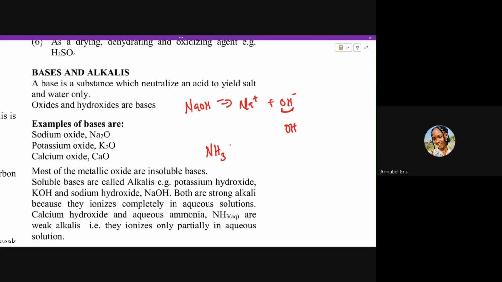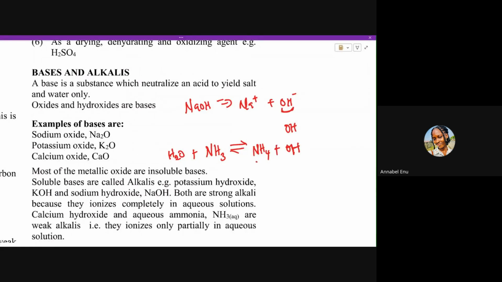Ammonia is also a base because when it is aqueous, it is a proton acceptor. Bases are proton acceptors, so it will form NH4, and it reacts with water to give NH4 and the OH group.